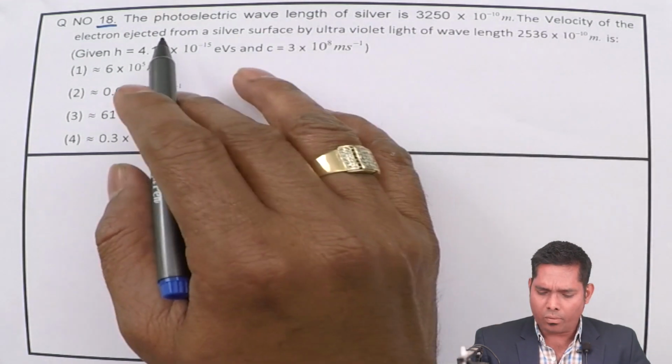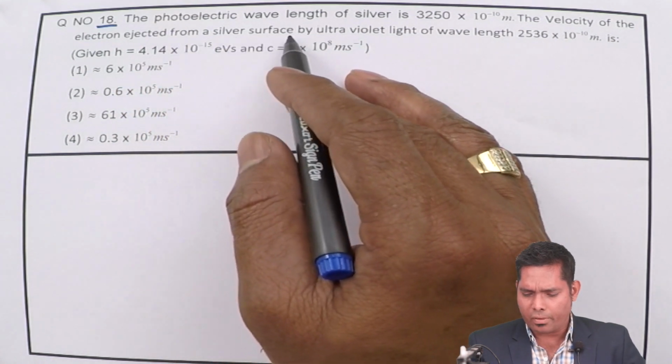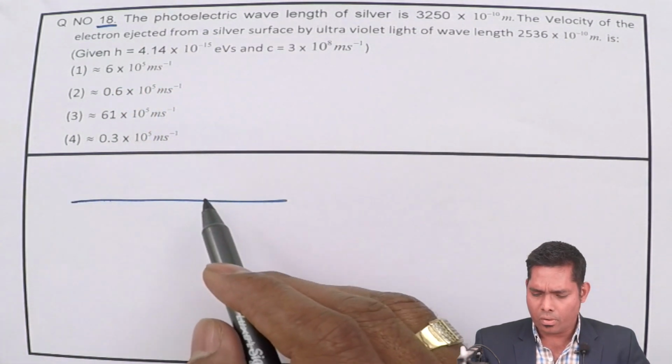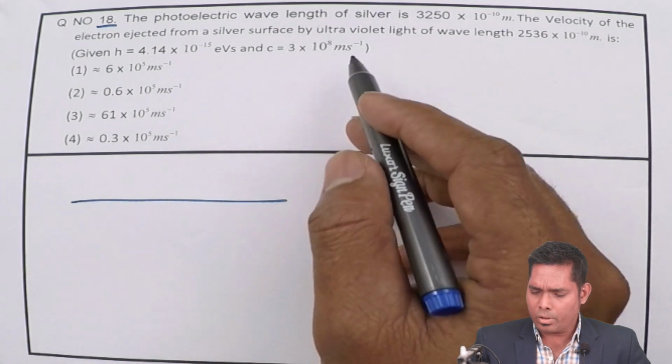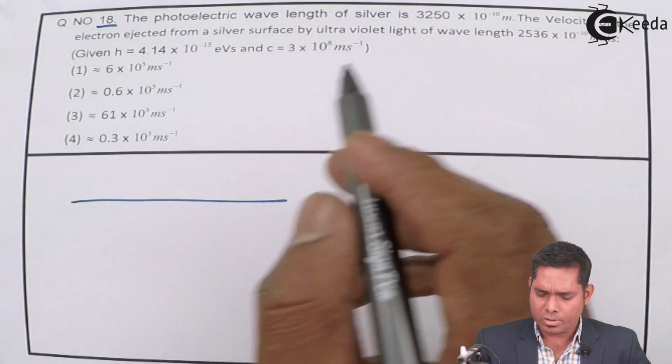The velocity of the electron ejected from the silver surface by UV light of wavelength is asked.